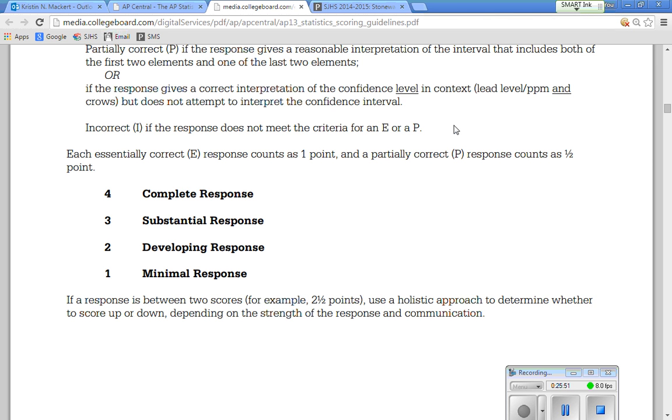But if you showed me work and were interpreting and used the correct statistical language, I will make you go up. Does that make sense? If you're in between, we get to make that decision. And not just Mrs. Macker. We have a table leader, we have a section leader, and all different people get to read these tests too.